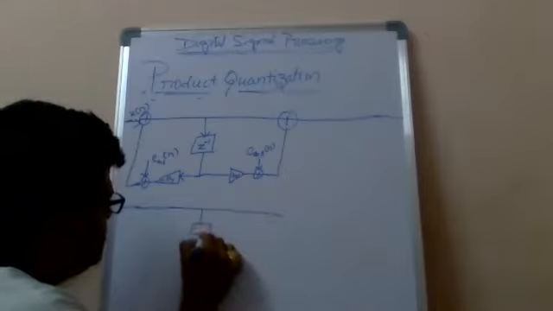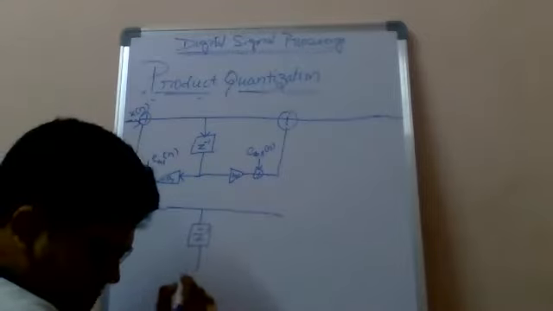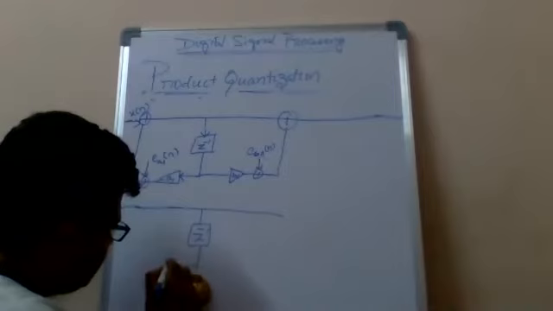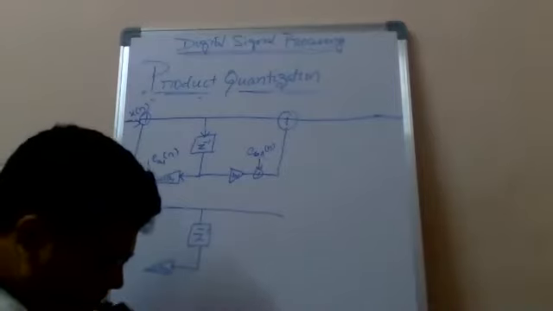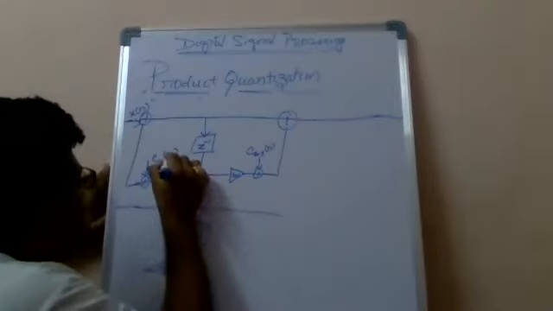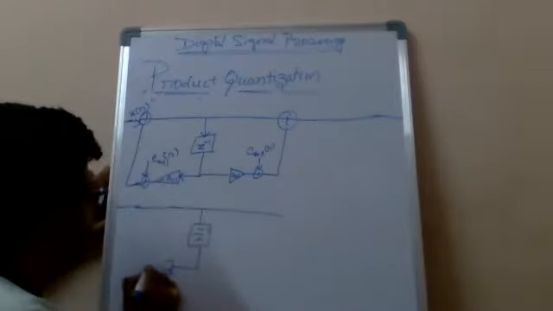On the other hand, I'm continuing here. So here is the delay. Let me say this is A11, this is A12.